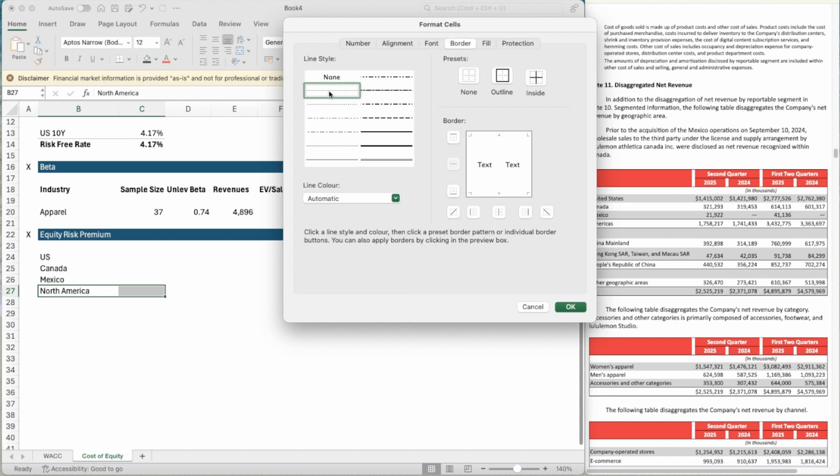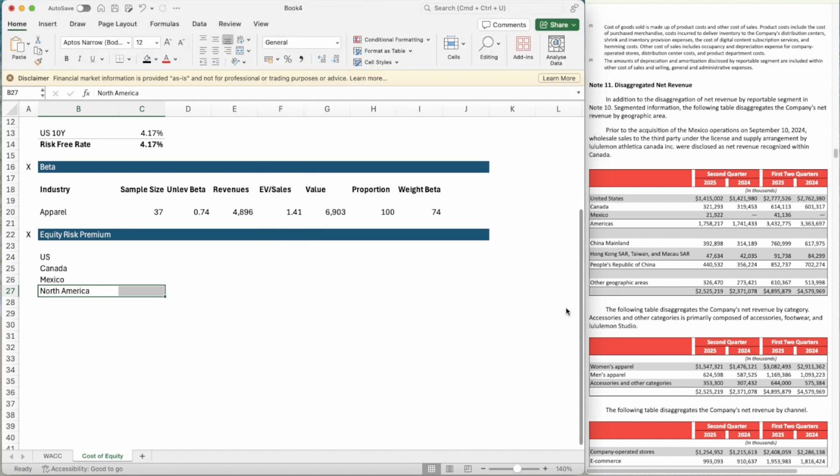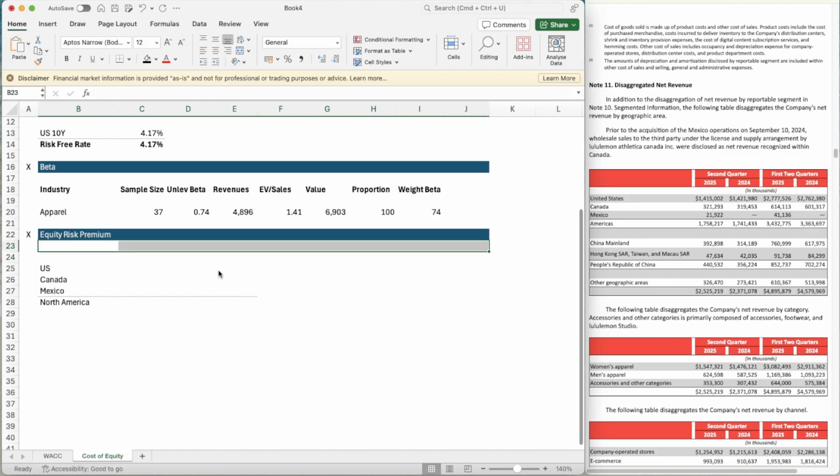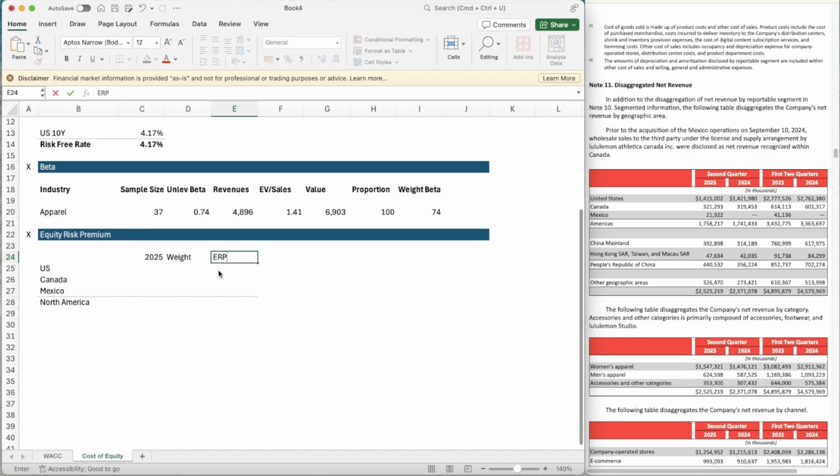Need it a bit longer. So 2025, weight, ERP, and then the weighted ERP. It's better, okay.